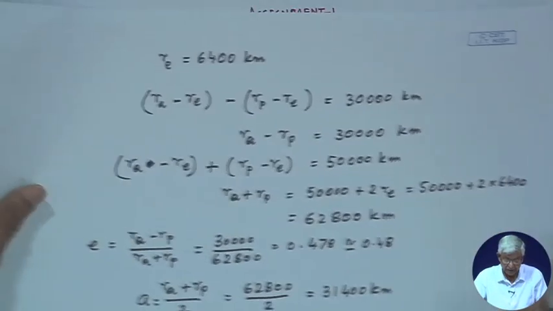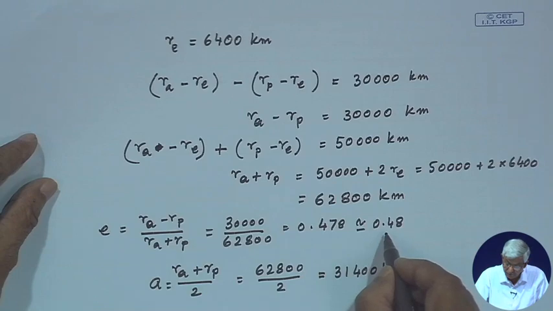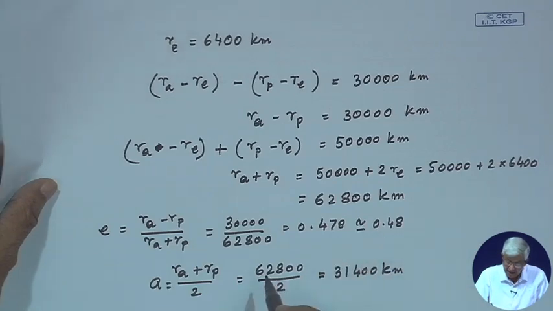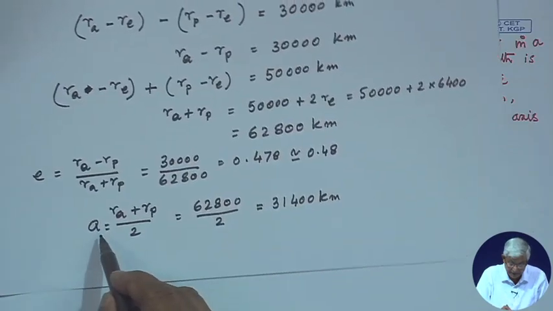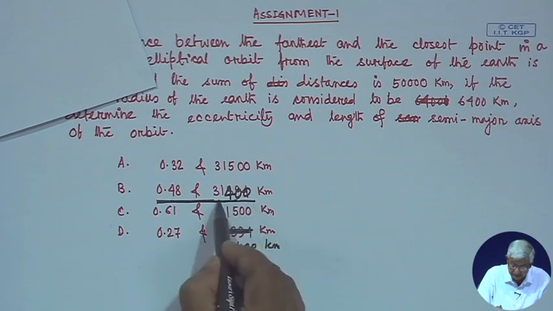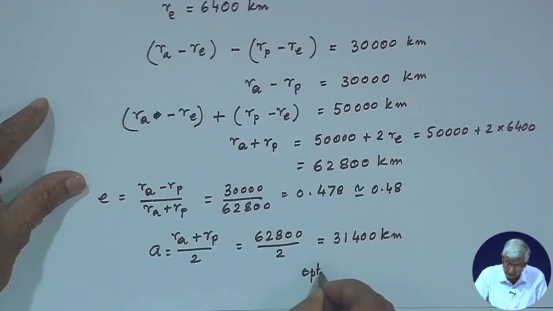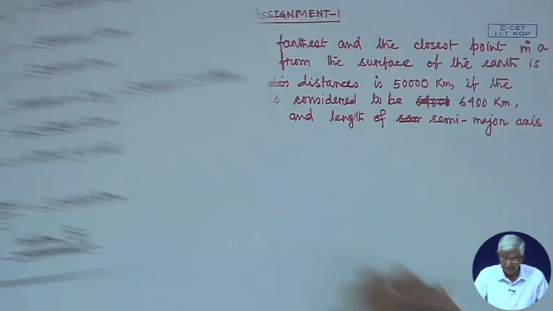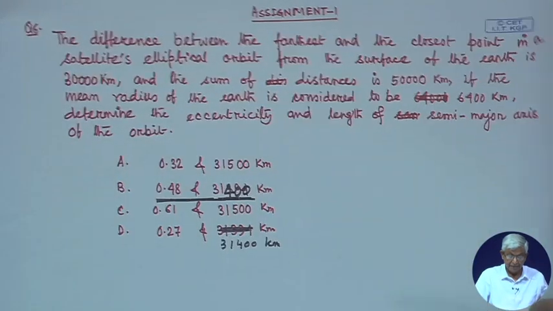If you recollect, we calculated eccentricity as 0.48 and the semi major axis as 31400. So, option B is the correct option. It is just calculation, you do these calculations and you will get it fine.